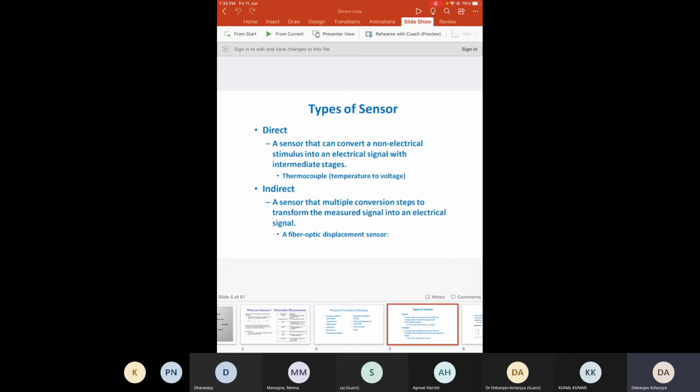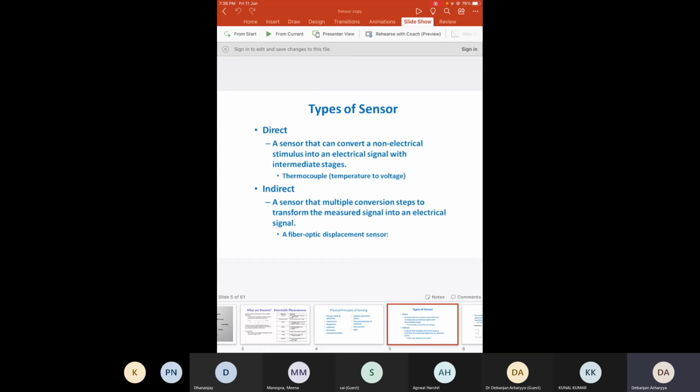A direct sensor can convert a non-electrical stimulus into an electrical signal without intermediate stages, for example a thermocouple. An indirect sensor uses multiple conversion steps to transform the measured signal into an electrical signal, for example a fiber optic displacement sensor.